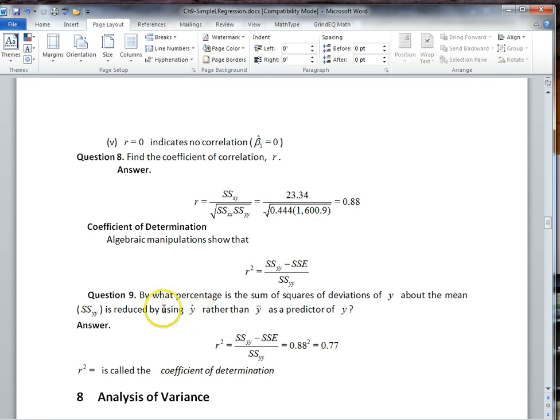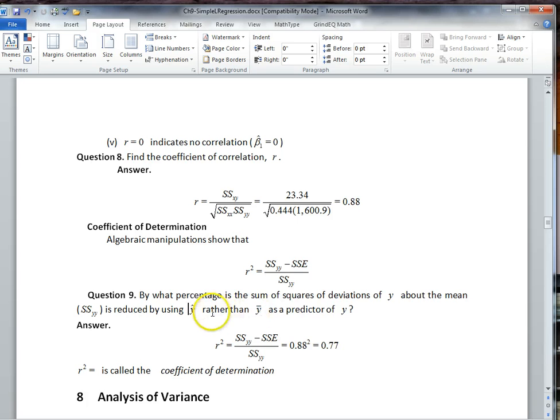And so that represents, if we had a question like, by what percentage is the sum of squares of deviations of y about the mean reduced by using y hat rather than y bar as a prediction of y. So when I use y hat, I'm using x as a predictor versus just y bar, ignoring advertising.